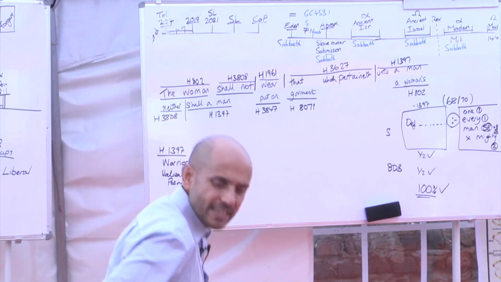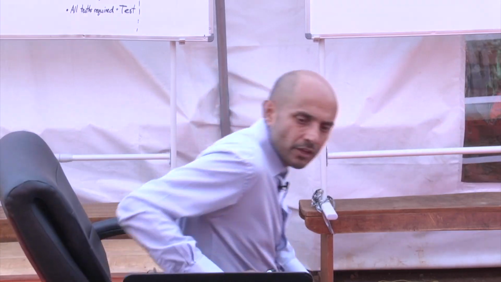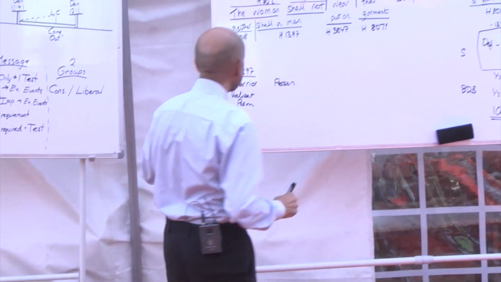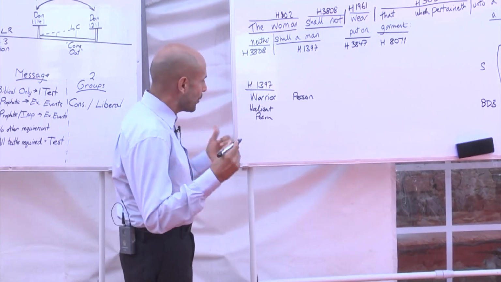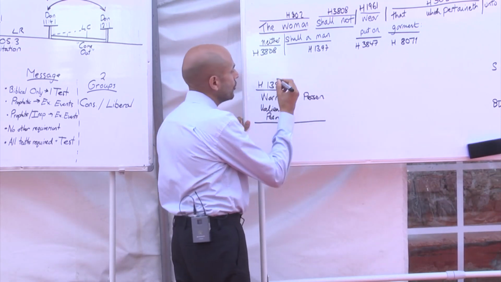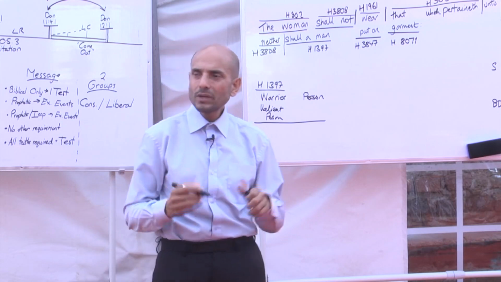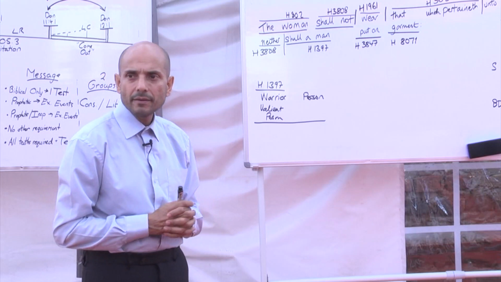Okay, so let's look at their definition. They say man, a strong man, a warrior, emphasizing the ability to fight. You okay with that? So, if you put all of that together, we had warrior, valiant person, just a person. Now we're going to put Brown Driver Briggs in. Tell me what word 1397 is. What does it mean? Combine all of those thoughts together.